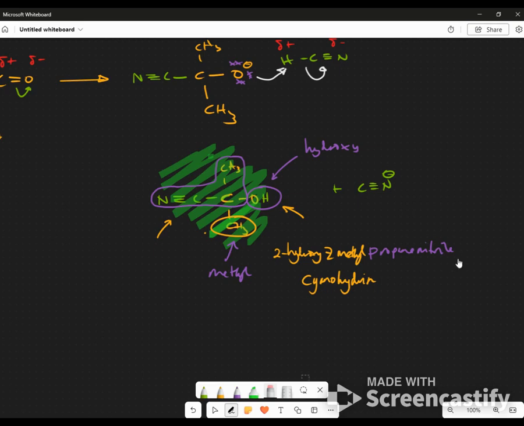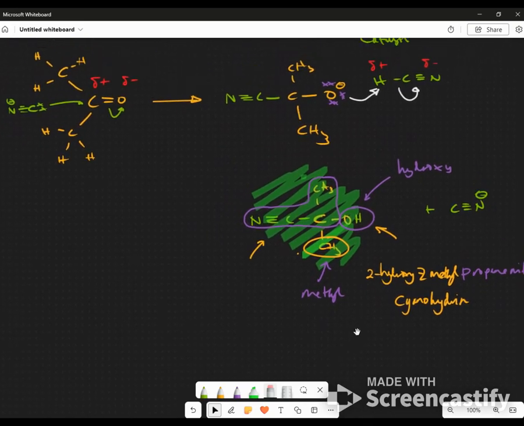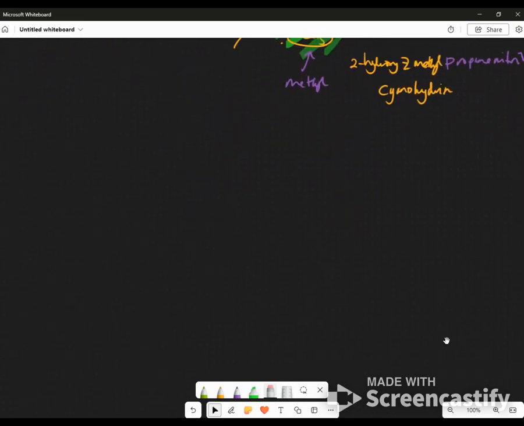Now, let's do very quickly the formation of a chiral center. I will use the ethanal as an example. So here we start off with ethanal. It's an H, so I'll stick an H there.